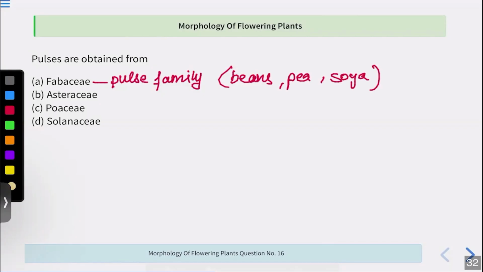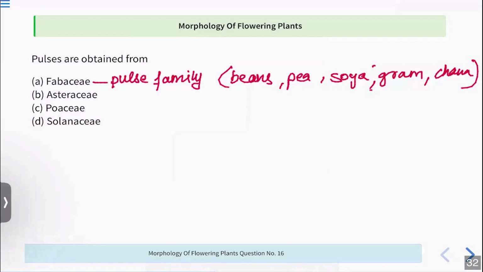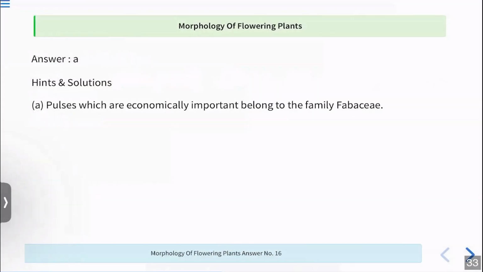All these pulses, gram, channa, which you eat, all come from your Fabaceae. So the correct answer is option A, economically important pulses, and they belong to the family Fabaceae.